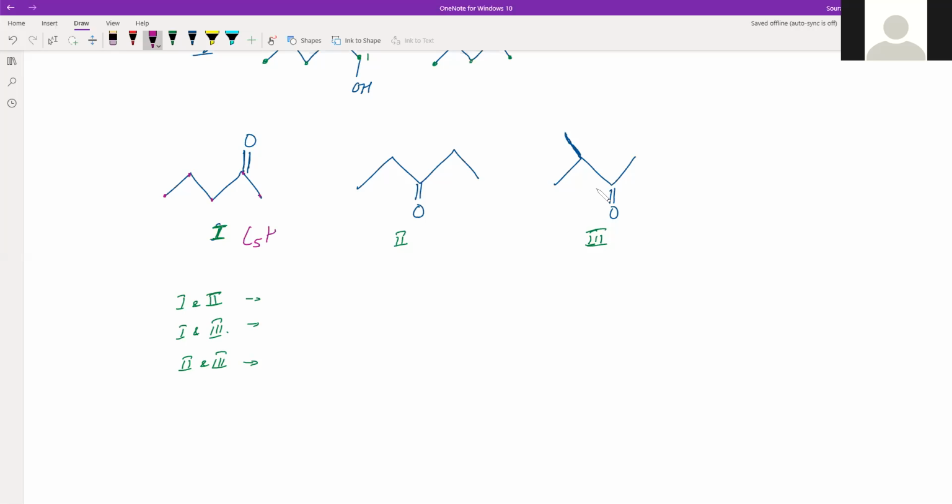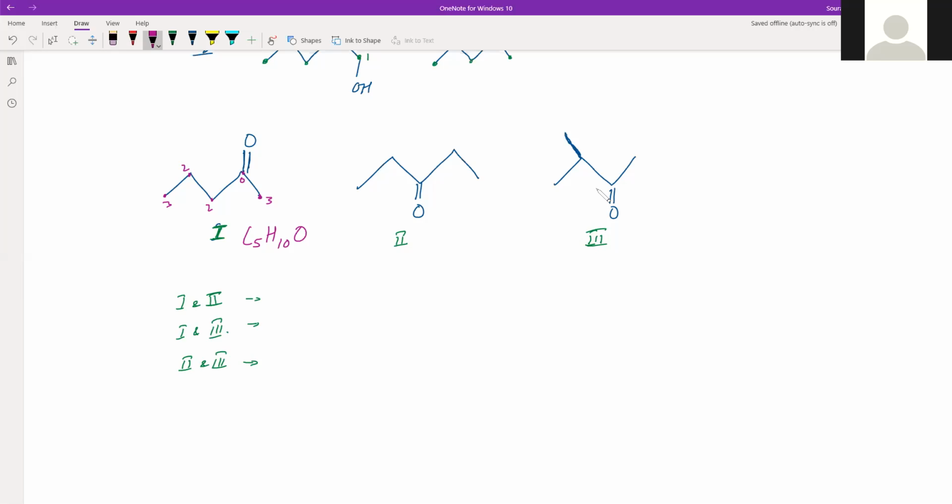Then how many hydrogens are there? 3 here, 2 here, 2 here, 0 here, and 3 here. So 3 plus 3 plus 4, that is 10. And there is an oxygen.